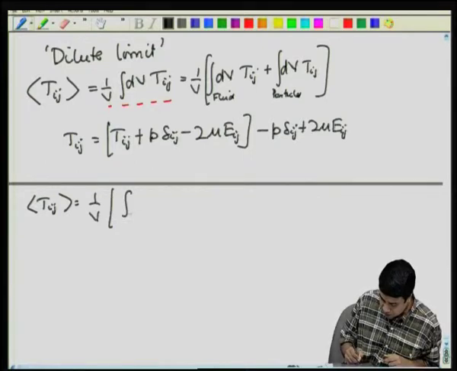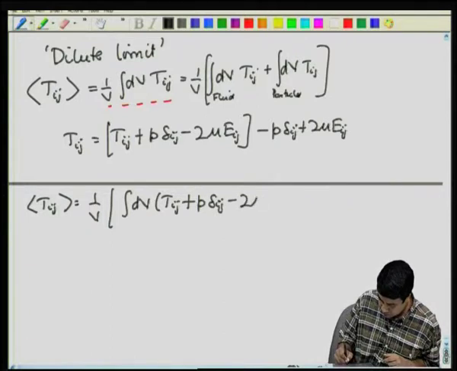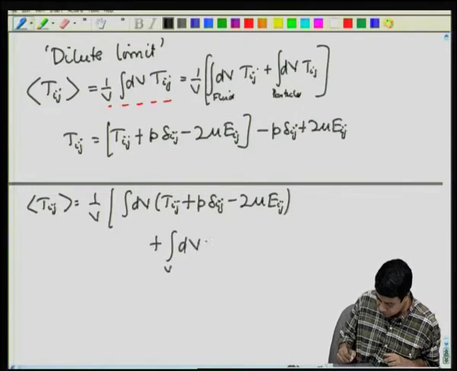Integral over the entire volume plus integral over the entire volume of dV.